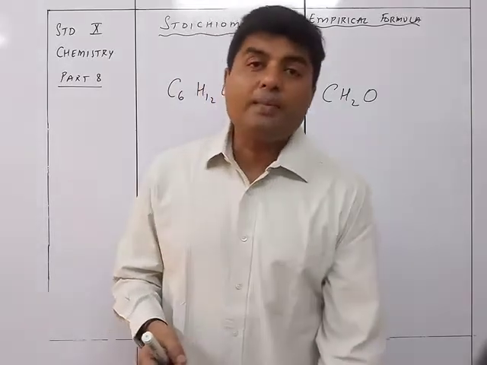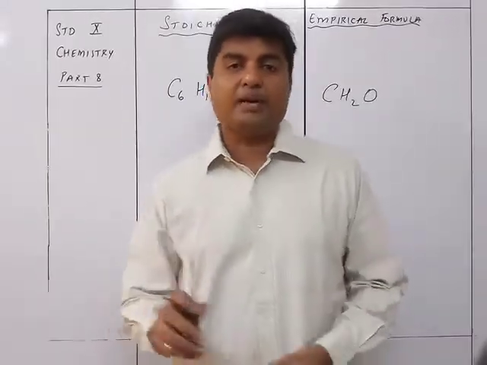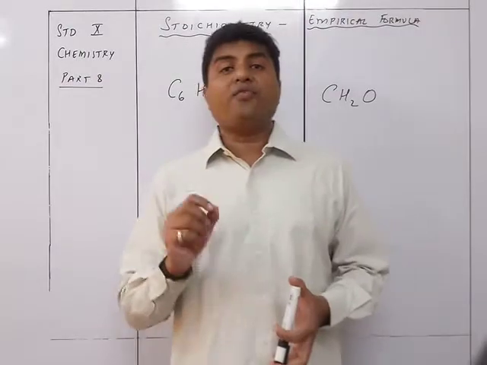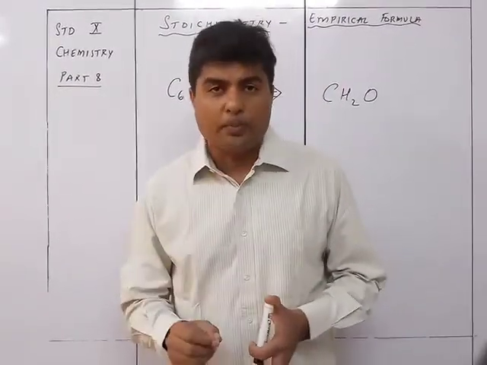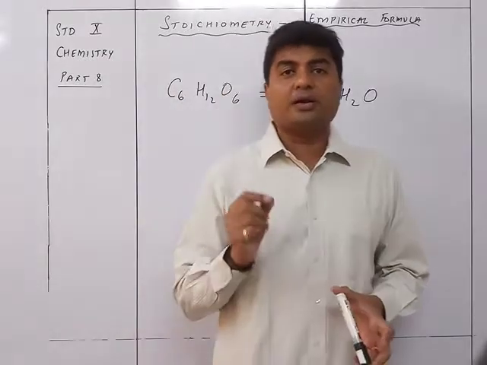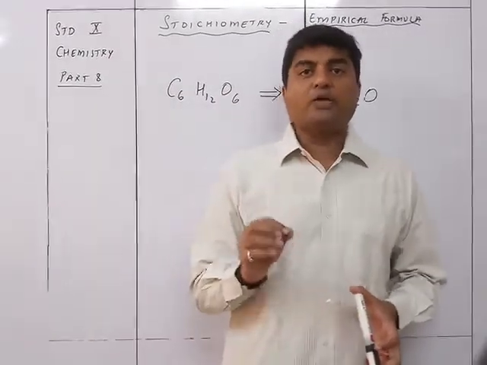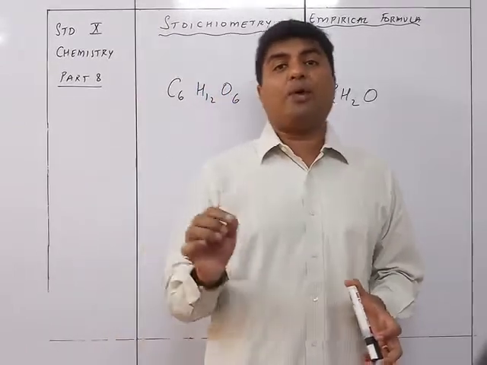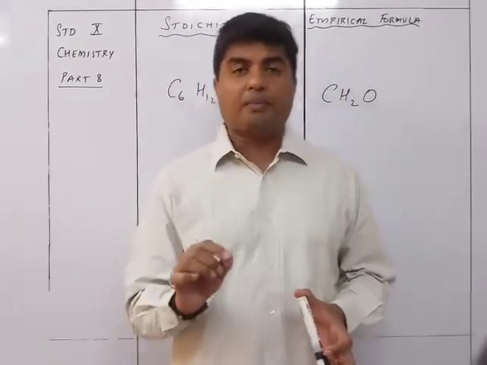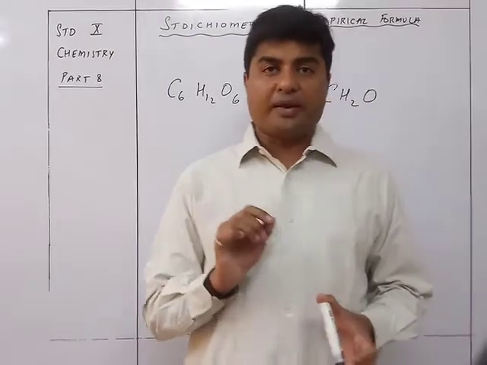But another main reason why we have the empirical formula is that if I know the percentage composition of a particular compound, then the formula of the compound can also be found out from the empirical formula.